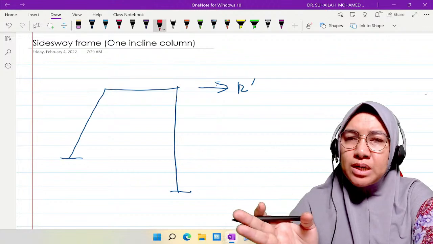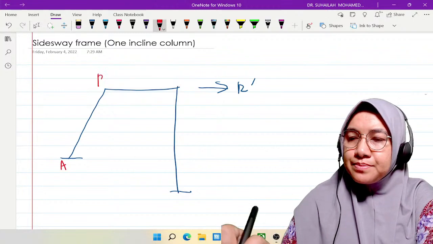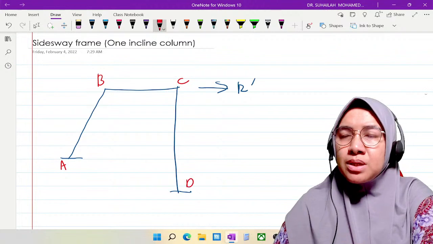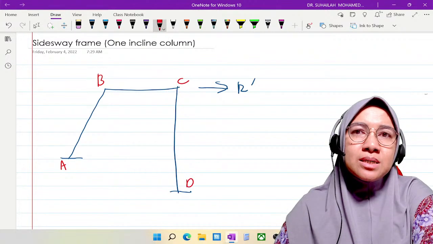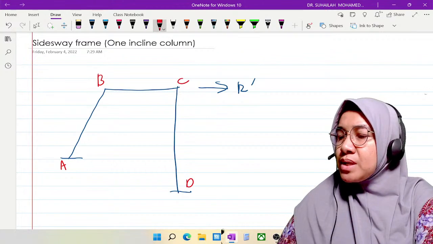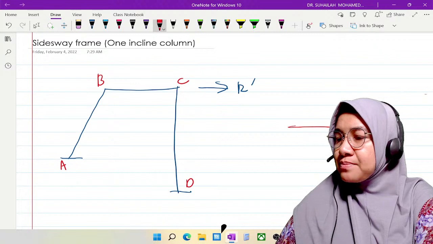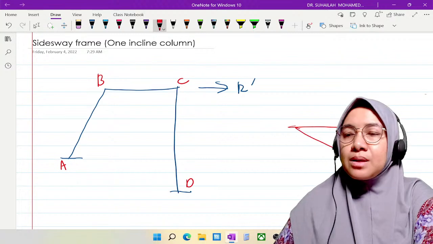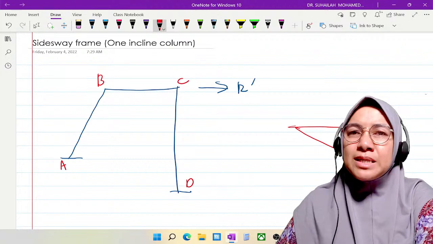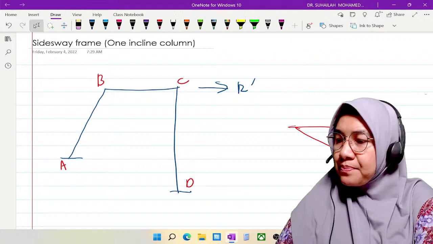We must focus on column AB as well as column CD in order to identify the delta. To identify the delta, we must always refer to this concept: the delta must be perpendicular to the member.